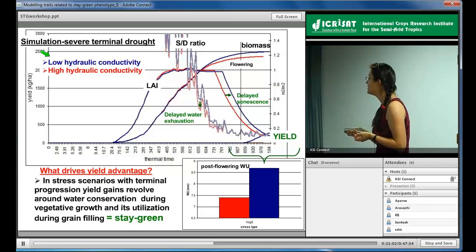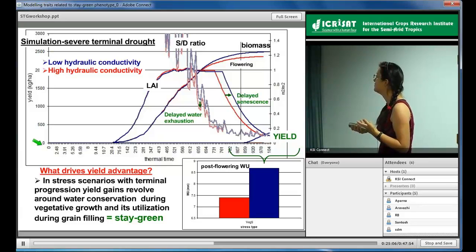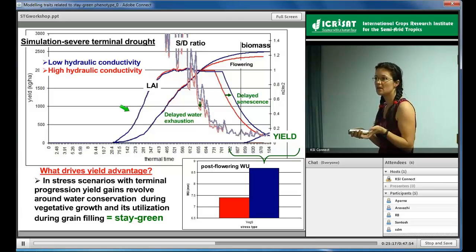As the season progresses, we see our crops are growing very similarly. Up to a point, they are growing leaf area, they are growing biomass, and because this is one of the most severe terminal drought stress scenarios, there are limitations on water. There is only some water in the profile and there is no rain in the season.